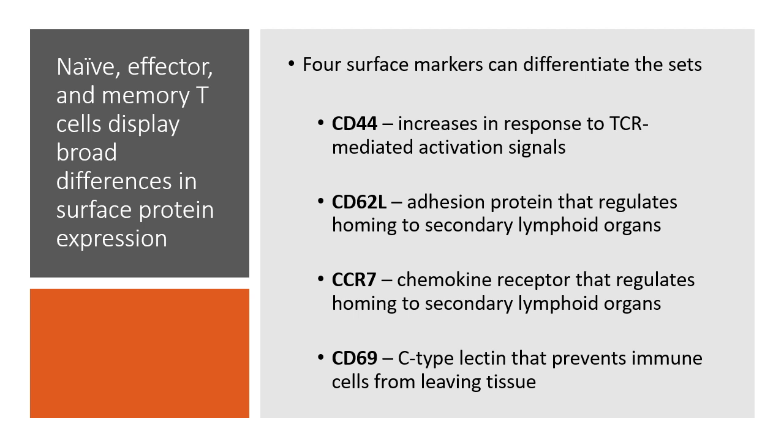That means this one is particularly important for T cells migrating to lymph nodes or spleen. Chemokine receptor 7, CCR7, is also important for homing to secondary lymphoid organs.